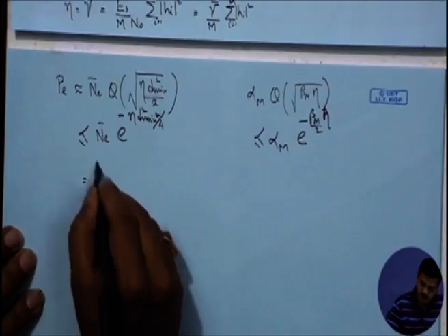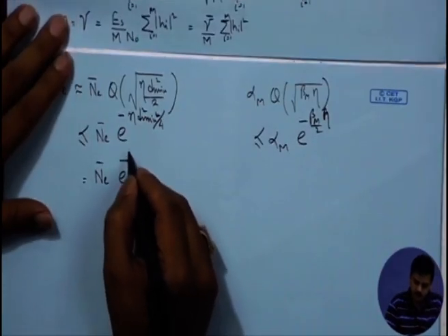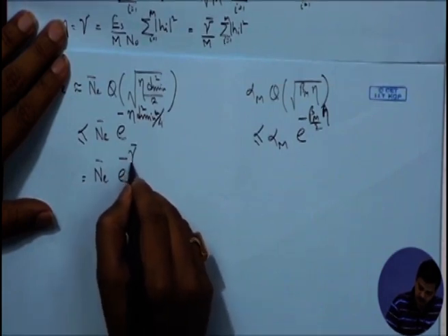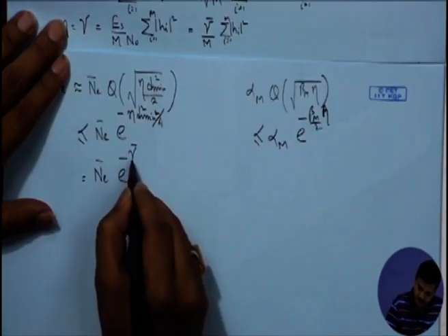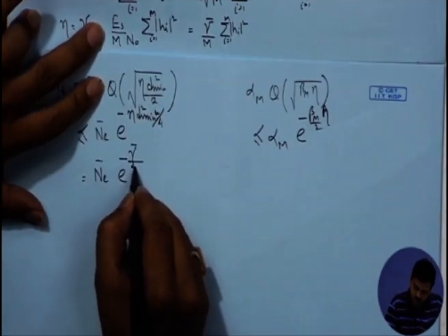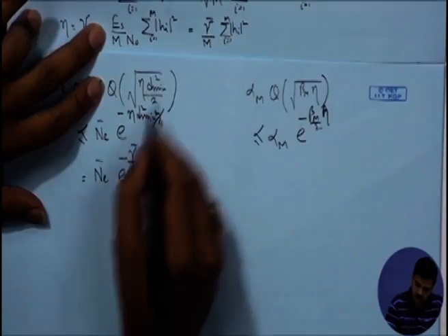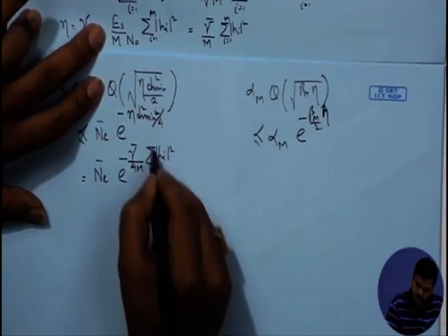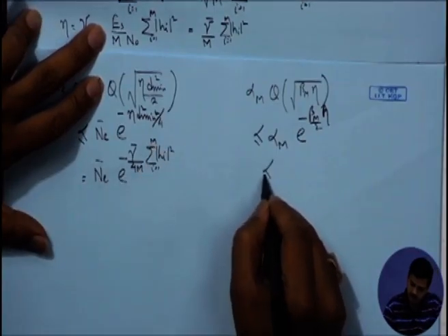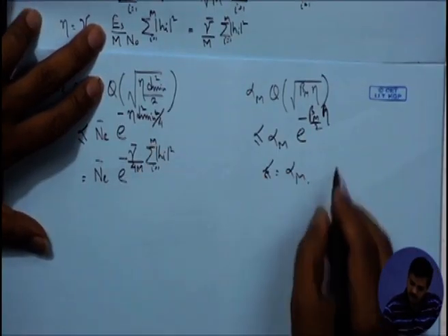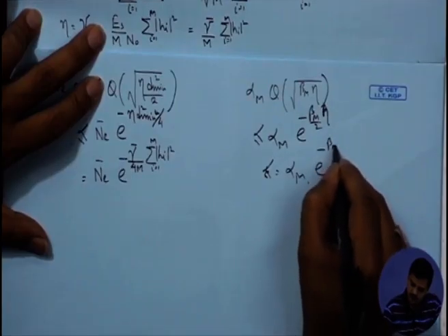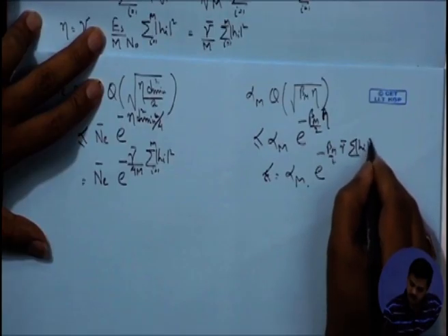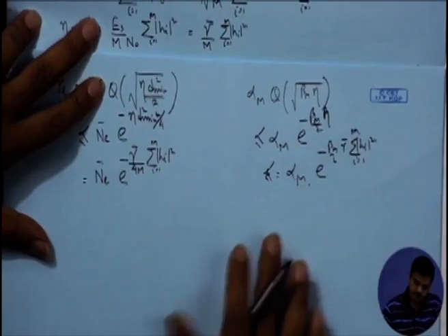This is equal to N_i bar e to the power of minus gamma bar by 4m d min squared times sum of mod h_i squared, i equals 1 to m, and this one is equal to alpha m e to the power of minus beta m, basically the same, gamma bar sum over mod h_i squared, i equals 1 to m.